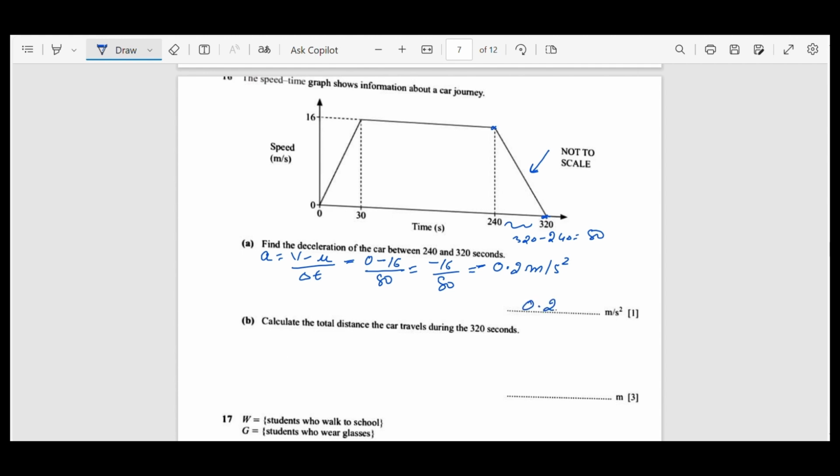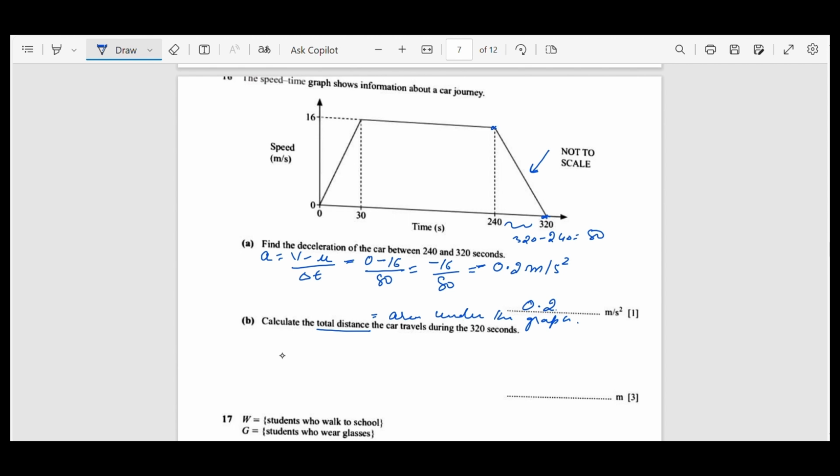Right. Next, calculate the total distance the car traveled during 320 seconds. So total distance will be the area under the graph. So it is a trapezium.